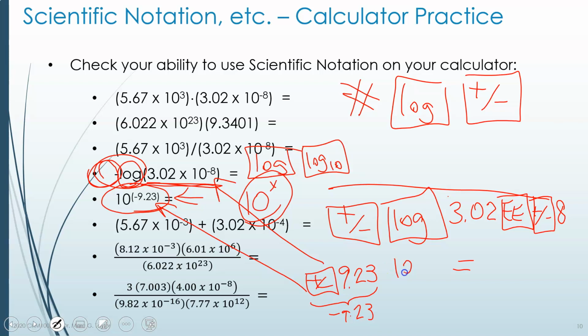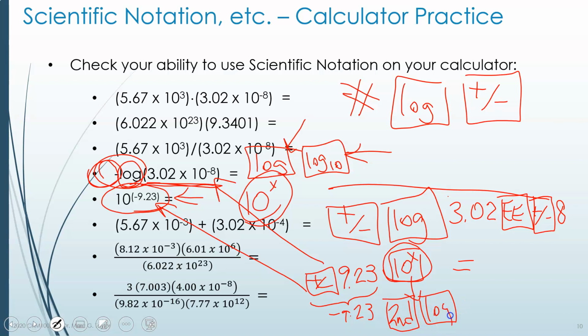Well, the problem is there is no separate button for 10 to the x. What you really will end up doing is looking above the log button, or the log base 10 button. Above that button, you'll see a little thing that says 10 to the x. And the way you get that is you press the second button, which is typically in the top left corner of your calculator, and then you hit the log button.